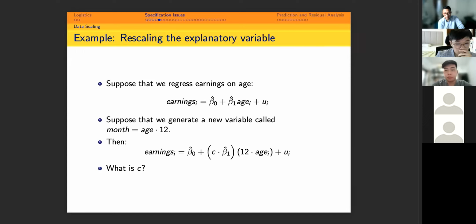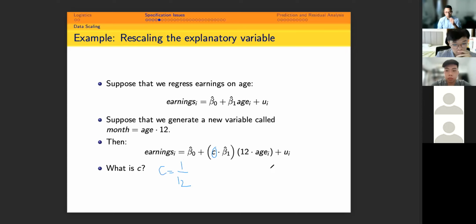So to keep the equation unchanged, what should be the value of C? Anyone? Is it 1/12? Yes, exactly. So to keep the equation unchanged, C must be 1/12.